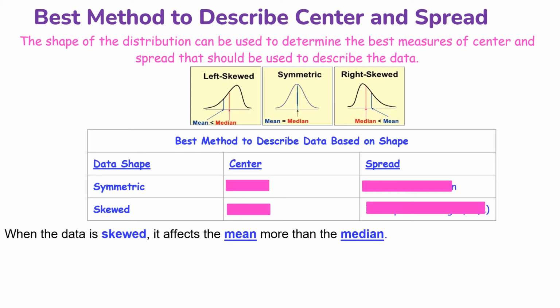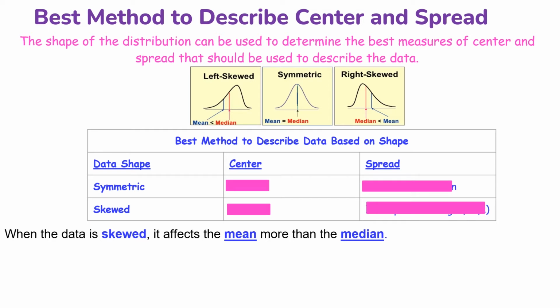Let's take a look at how to describe the center and the spread using the best method. The shape of the distribution can be used to determine the best measures of center, and the spread that should be used to describe that data. And as I mentioned earlier, we have left skewed, symmetric, and right skewed.